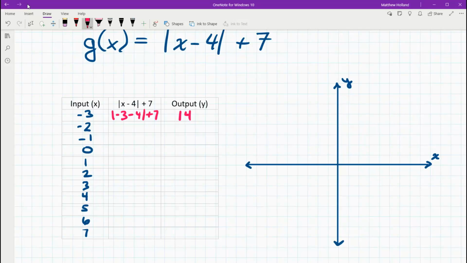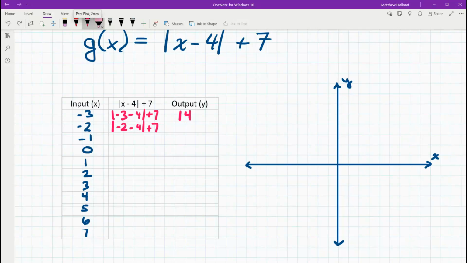Okay, the next one is we're plugging in negative 2. So we're going to do the absolute value of negative 2 minus 4 plus 7. Again, let's do the inside of the absolute value first. Negative 2 minus 4 is negative 6. Then we take the absolute value of that, which is 6.